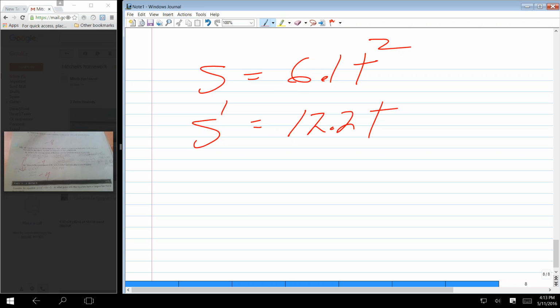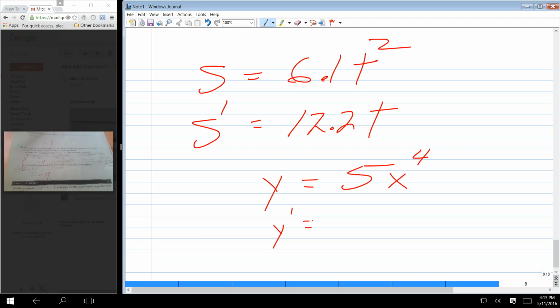But the reason that this is going to help you is because if you come up with something other than 12.2 t using the limit quotient definition, you will have known you made a mistake. Okay? If I say this, what's y prime by the power rule?